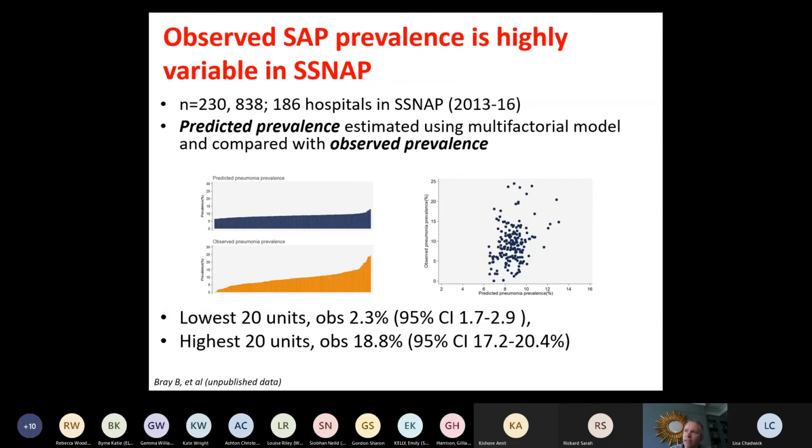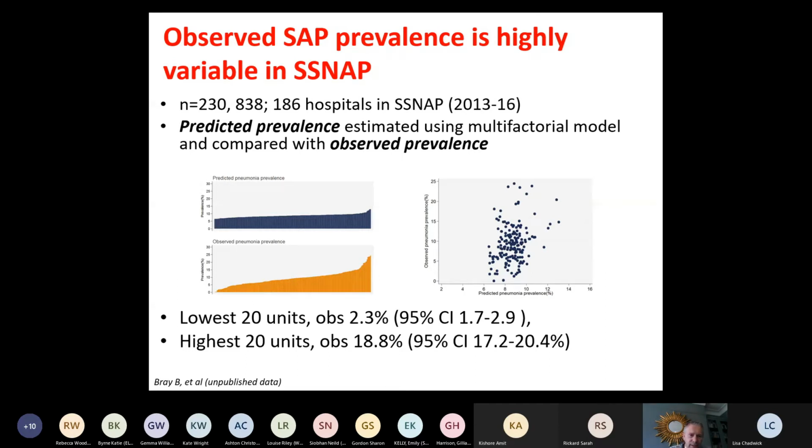What we did here was we compared the observed prevalence of SAP, and the observed prevalence is in the orange coloured figure out of the two. An observed prevalence of SAP is that which is recorded in SNAP, and the variable there is antibiotics that have been started after admission to the stroke unit within 7 days for pneumonia.